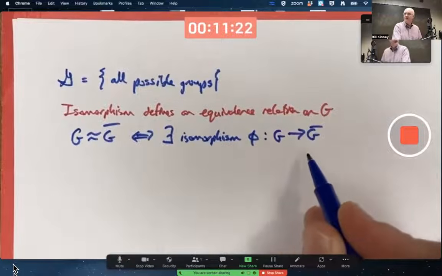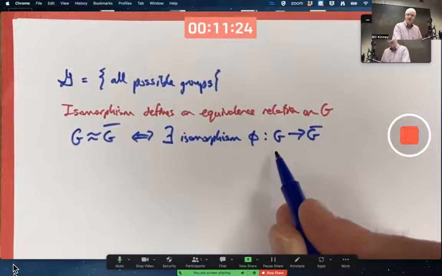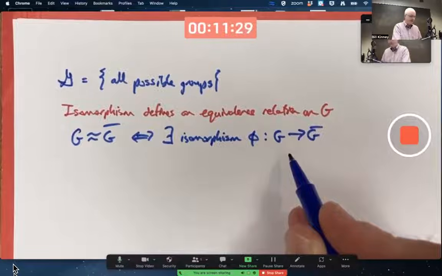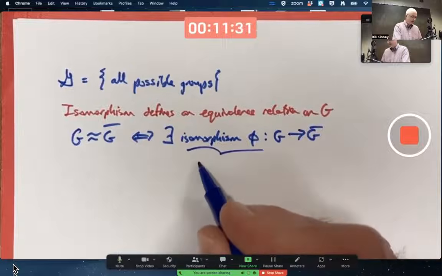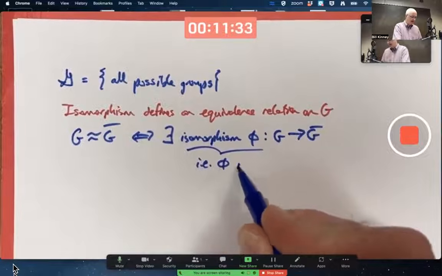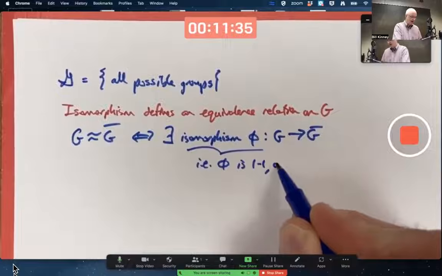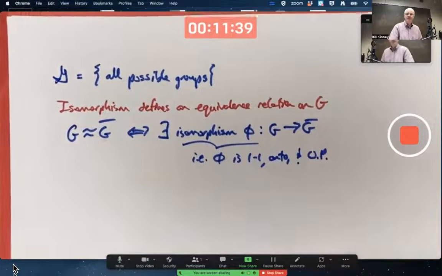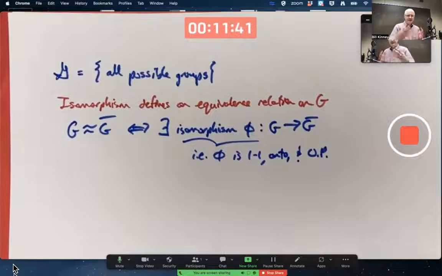It's a one-to-one and onto function from the first group to the second group that's also operation preserving, i.e. phi is one-to-one, onto, and operation preserving, OP. This definition of this relation between groups is an equivalence relation.